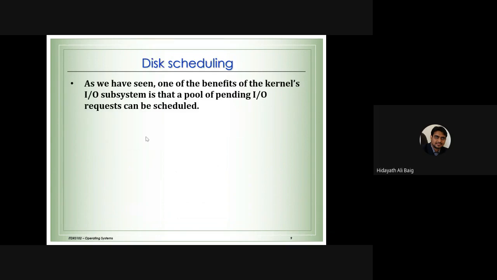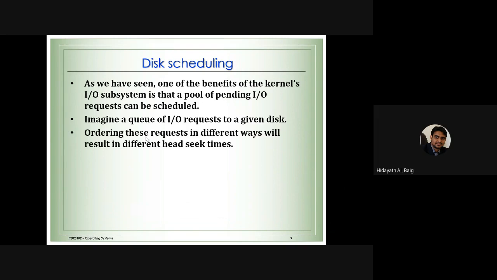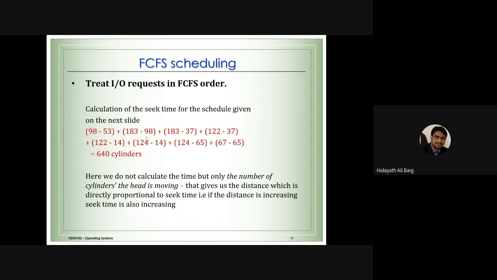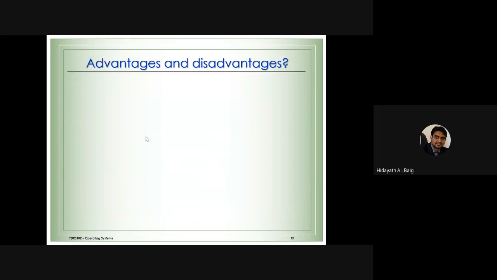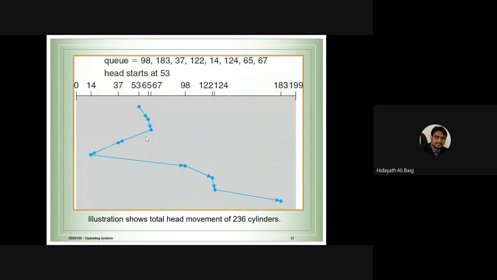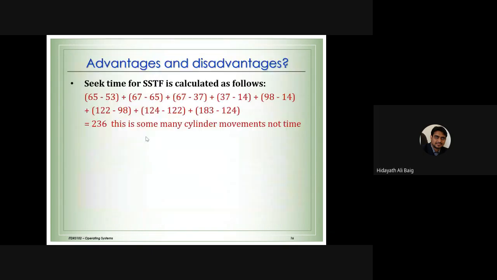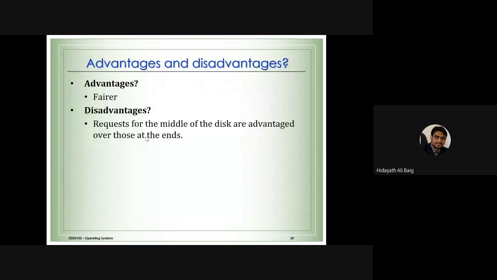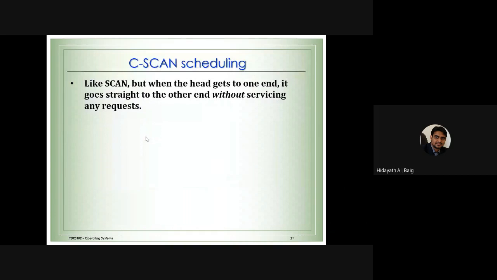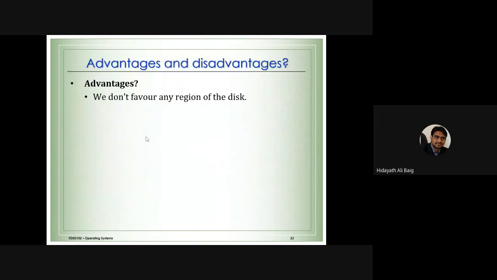And we discussed disk scheduling. We started our discussion with first come first serve scheduling, where we read the data on a first come first serve basis. After that we moved on to the remaining scheduling algorithms: shortest seek time first, then the SCAN algorithm, then the C-SCAN algorithm, and finally the C-LOOK algorithm.